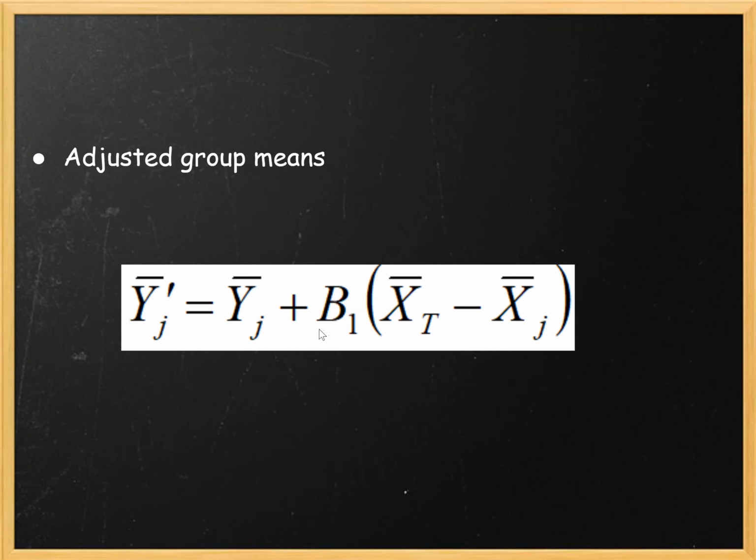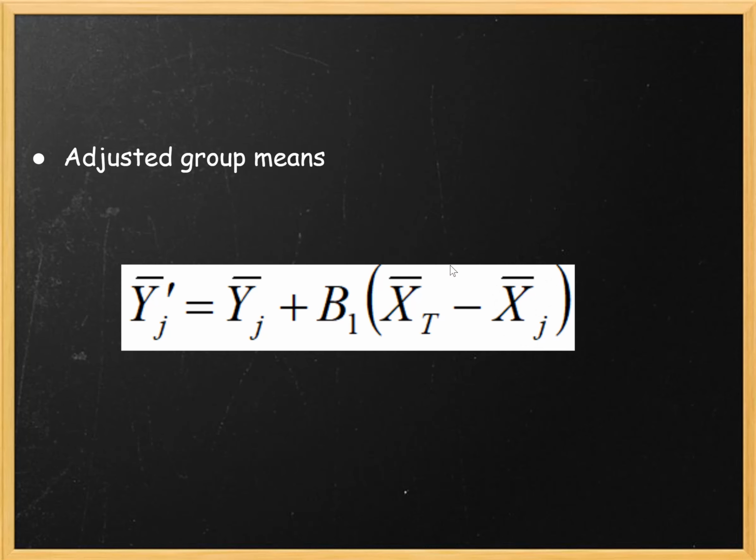So the regression coefficient is an unstandardized regression coefficient that represents for each unit change in a predictor how many units the outcome will change. And here the outcome is the adjusted mean. And then that unstandardized regression coefficient is multiplied by the difference between the grand mean on the covariate, so here x represents the covariate, the grand mean minus the group mean for the covariate.